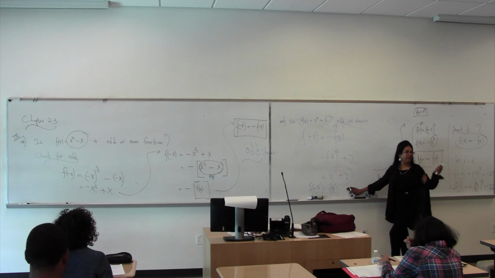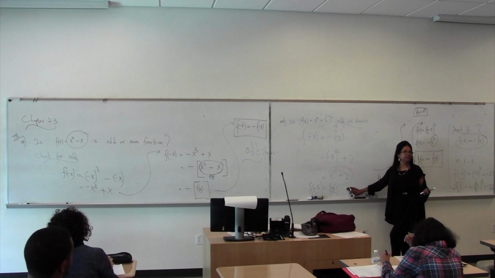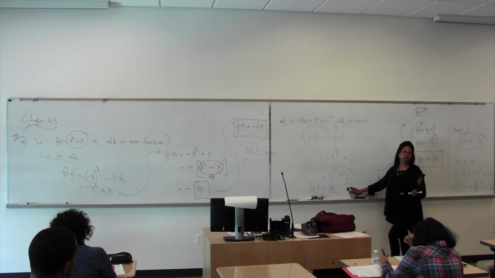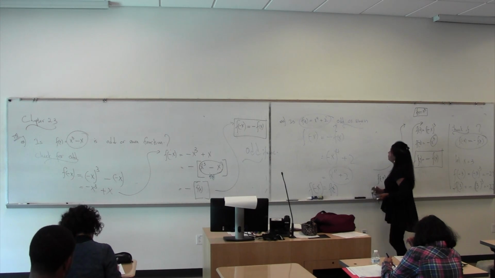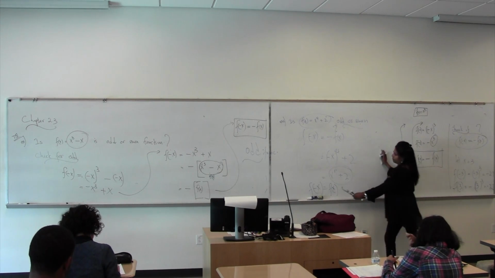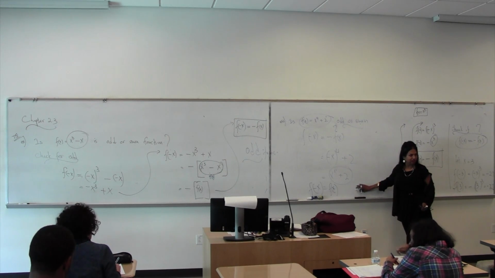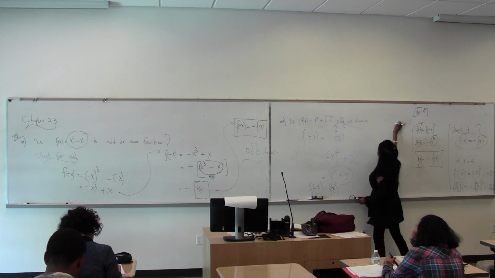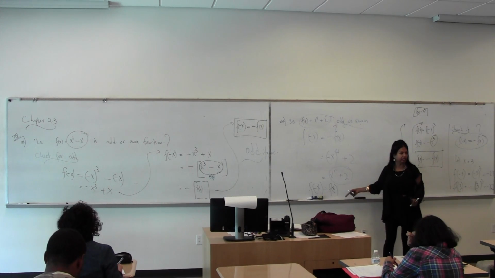For any x in the domain of the function, if f of negative x is f of x, then that function is an even function. That's the definition we did. So this is how we show it algebraically.